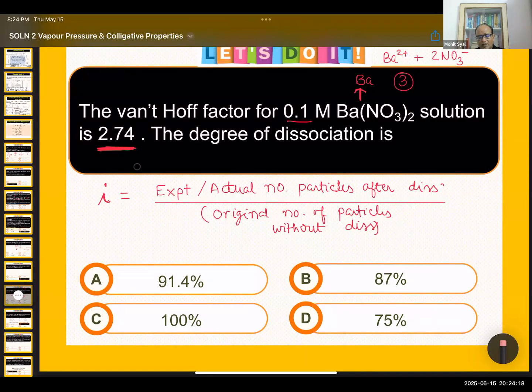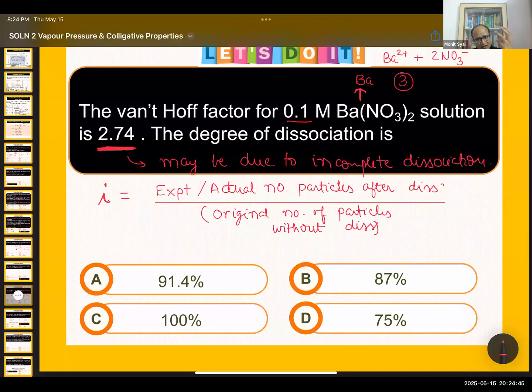It may be because of incomplete dissociation. Due to incomplete dissociation, all the barium nitrate may not have dissociated. Some of them may have remained as they are and some of them may have dissociated.